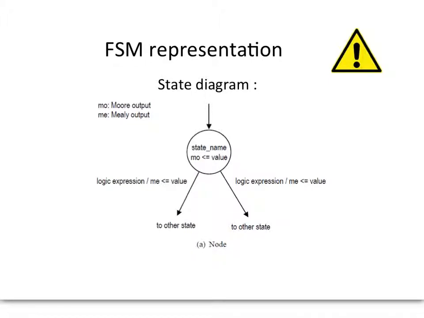As you can see, I've highlighted this as an important slide. This is how we can draw a state diagram to represent a finite state machine. The state diagram consists of a circle representing the state.